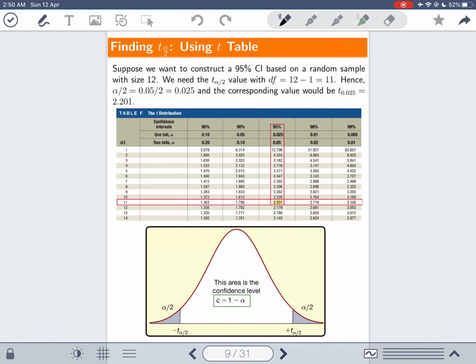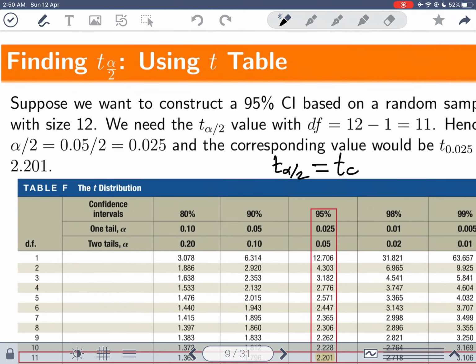Now, to compute this t sub alpha over 2 that I told you about, which we also call t sub c, first you need to know the confidence level. I want 95% confidence, so immediately you will go and choose confidence level 95%.